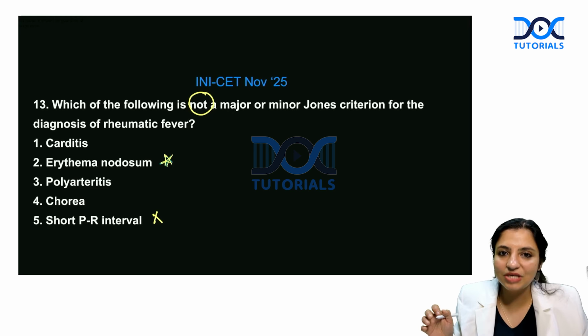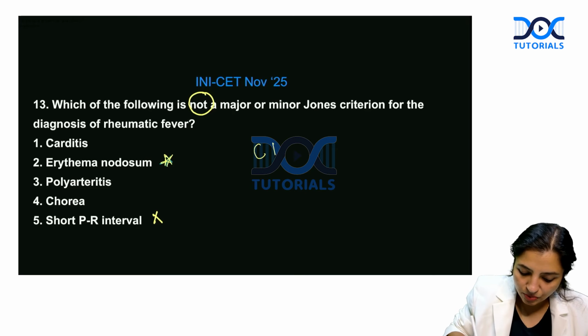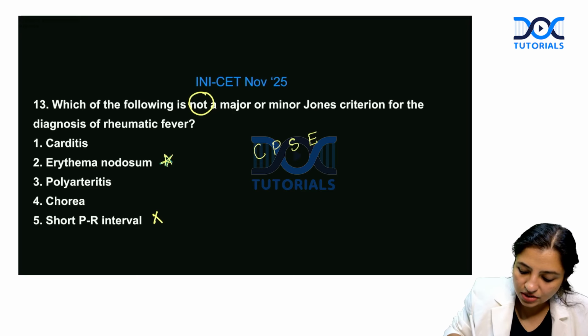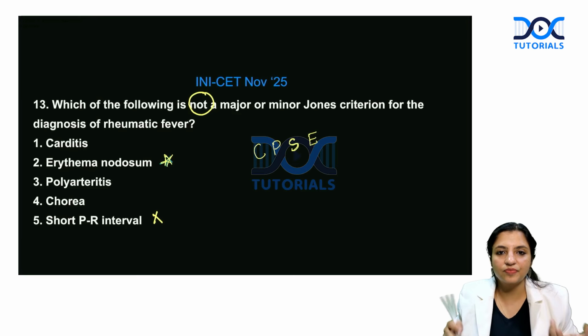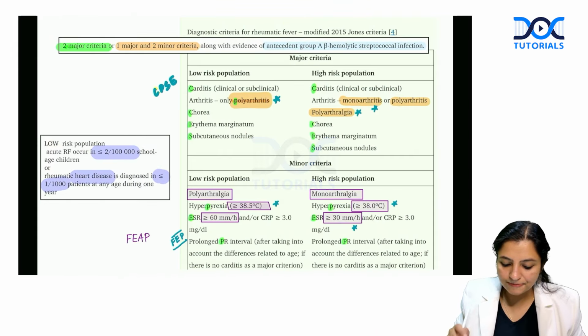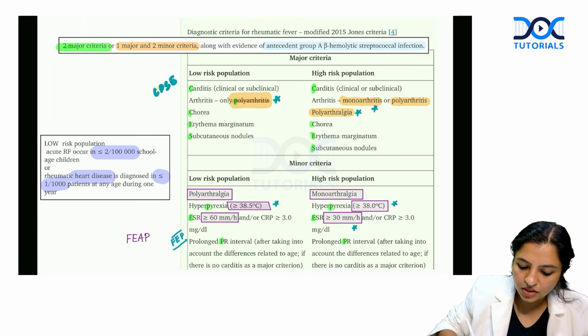So remember CPSE: carditis, polyarthritis, Sydenham's chorea, and erythema marginatum. Sydenham's nodules, we have already talked about it. Whenever we are talking about this, remember Sydenham's chorea and subcutaneous nodules.